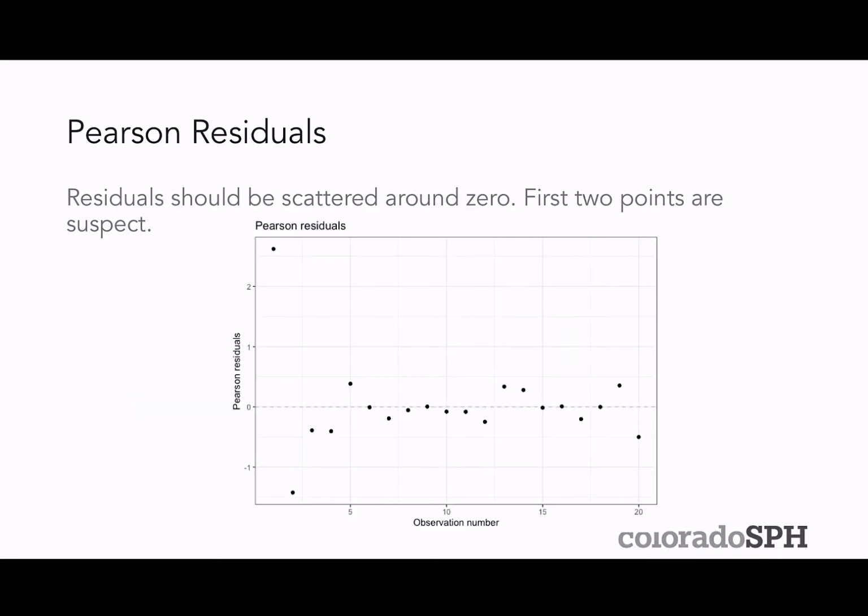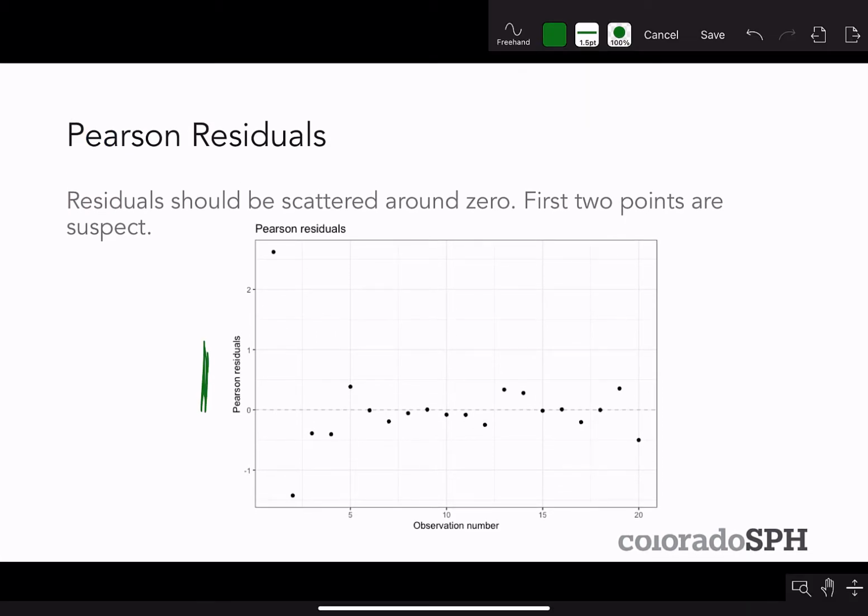First we look at the Pearson residuals. I'm plotting the Pearson residuals on the y-axis against the observation number on the x-axis. When I look at this type of plot, generally what I'm looking for is that the residuals are scattered around 0 in a roughly random fashion. Zero is the dotted line here.